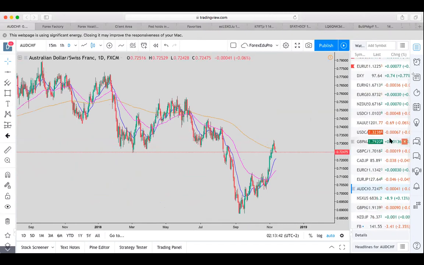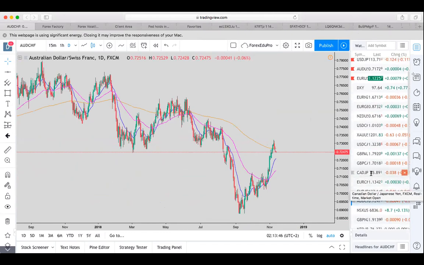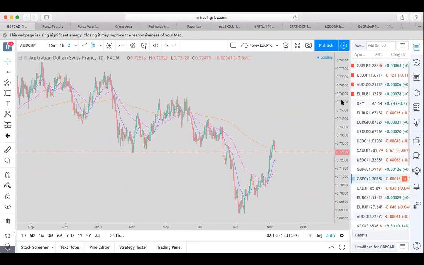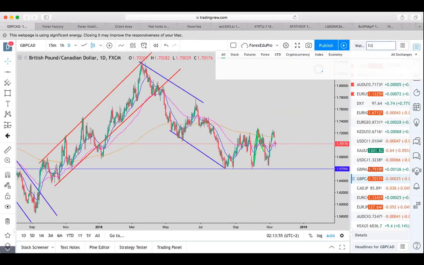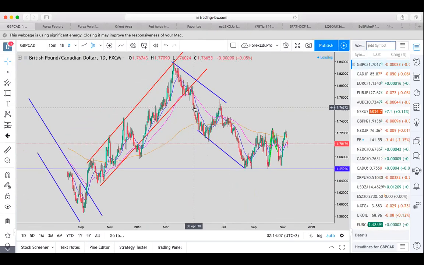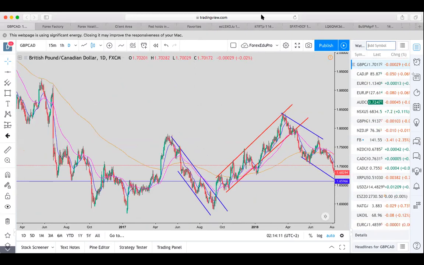I don't like Swiss franc, and let's look at a cross that's not safe haven. Let's look at the Euro CAD. Okay, GBP CAD. There we go. Let's look at GBP CAD. So we're on the daily.